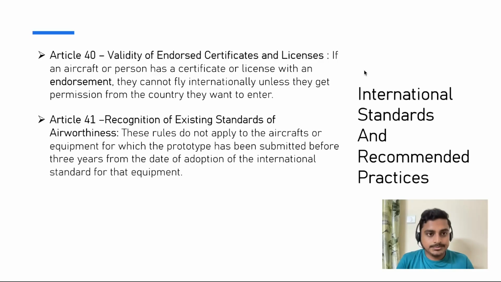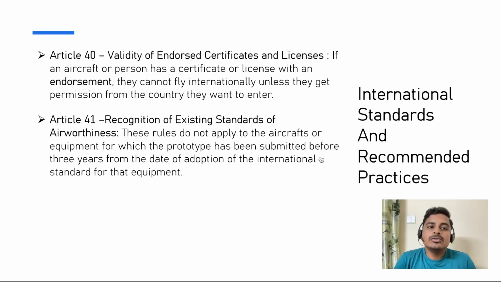Article 41, recognition of existing standards of airworthiness. These rules do not apply to aircraft or equipment for which the prototype was submitted before 3 years from the date of adoption of the international standard for that equipment.